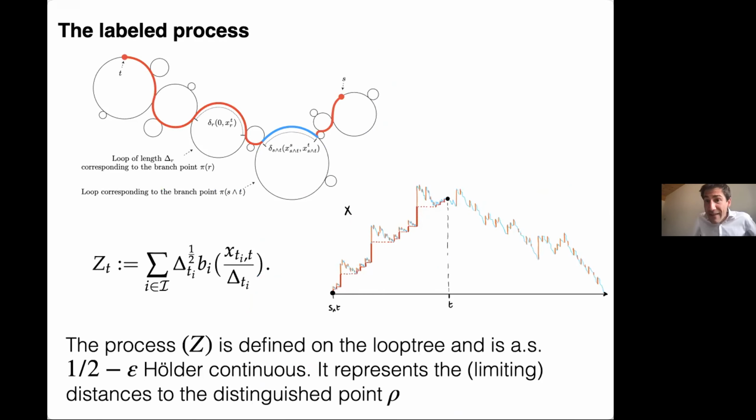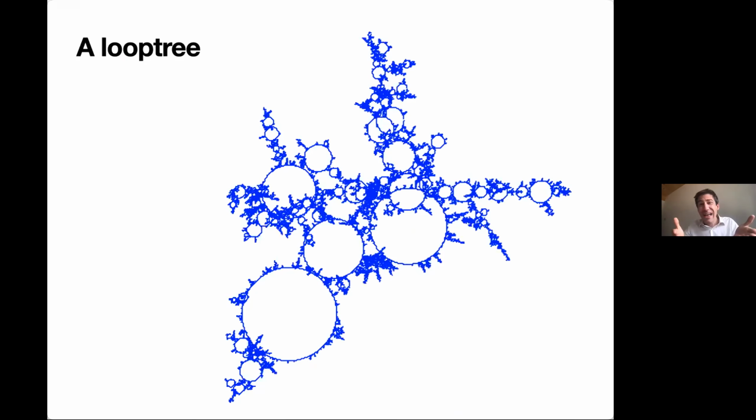And the label process, well, almost by definition, the label process is the scaling limit of what you get in the discrete, and it should be the Brownian motion indexed by this loop tree. Or if you prefer, the Gaussian free field indexed by this loop tree. The loop tree is given, this random structure, and now you want a process indexed by the loop tree, which along every loop moves as a Brownian motion.